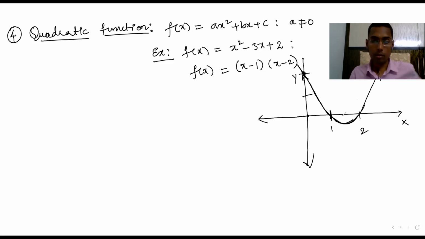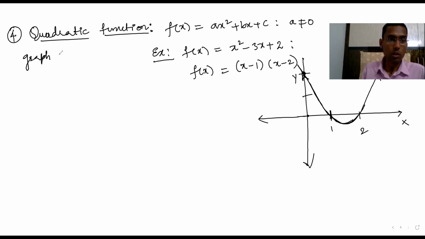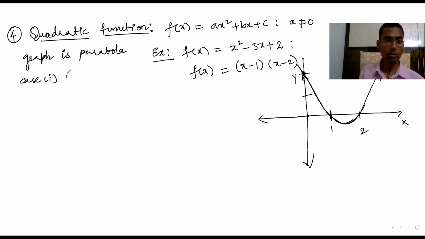This graph is a parabola. The graph of a quadratic function is always a parabola, and there are 2 types of parabola. Case 1: if a is greater than 0, then it's a parabola opening upwards.